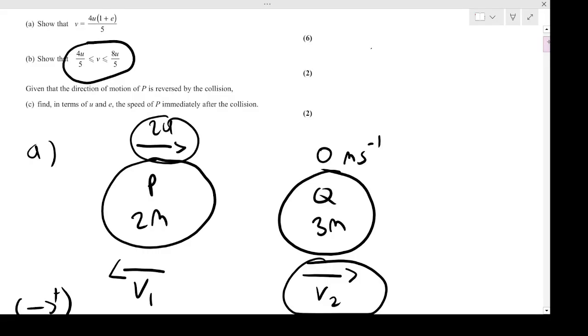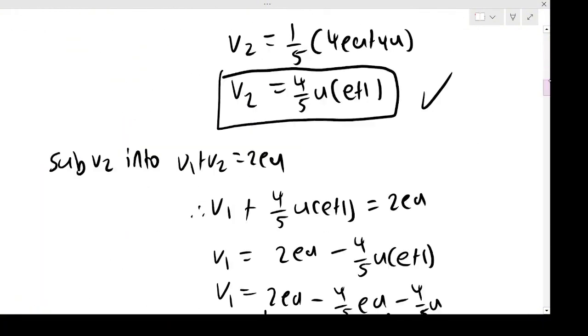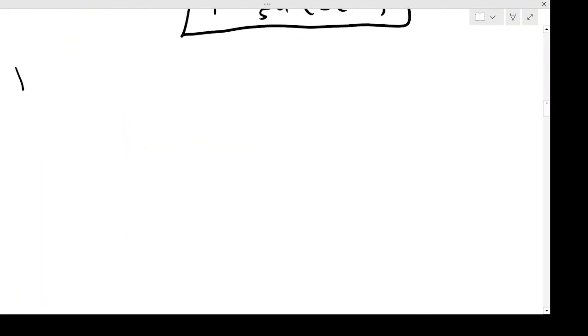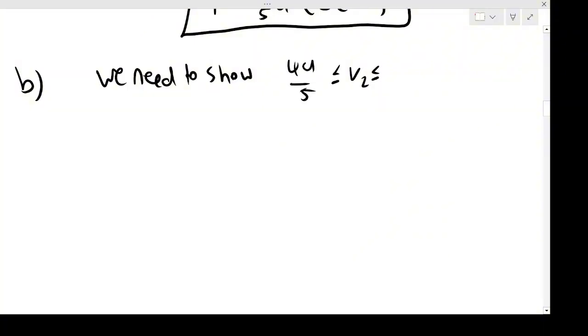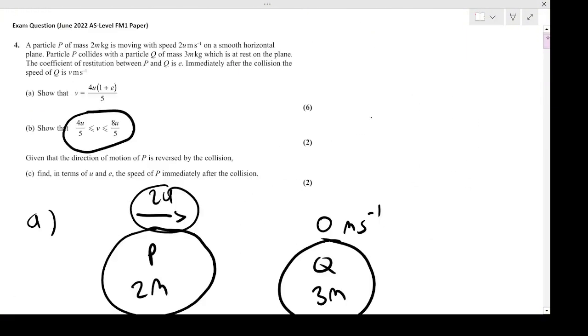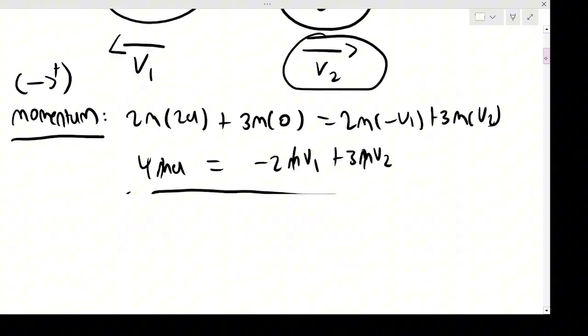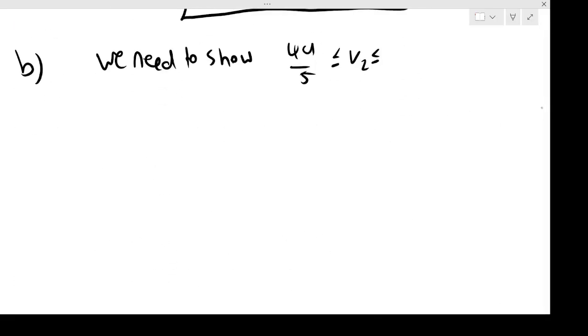So we need to show that V2 is between 4U over 5 and 8U over 5, okay? That's what we need to get to.